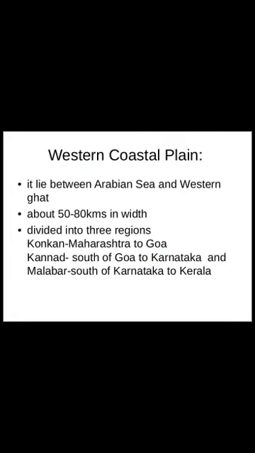What language do the Kerala people speak? They speak Malayalam, right? So from south of Karnataka to Kerala, that coastal plain is known as Malabar. It is a little different from Malayalam, but it starts with MALA, right? Malayalam, Malabar.